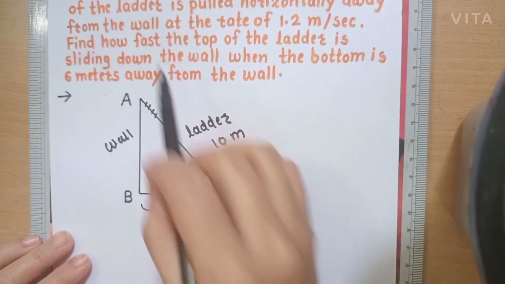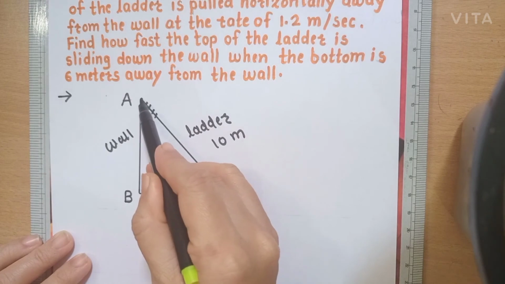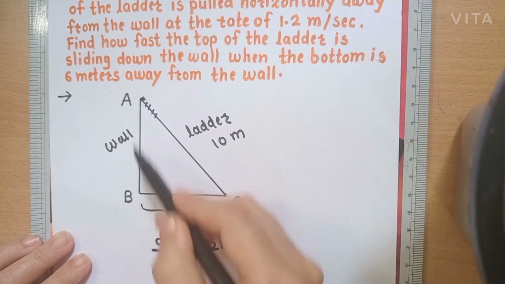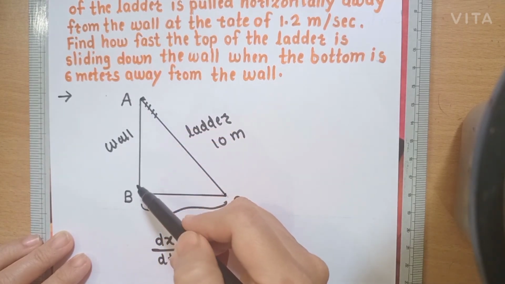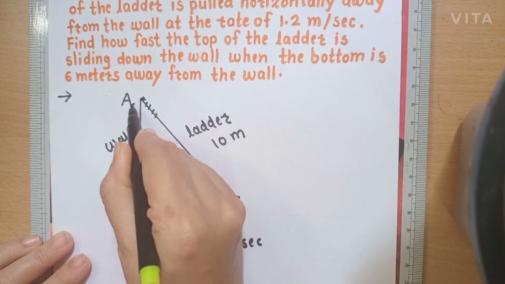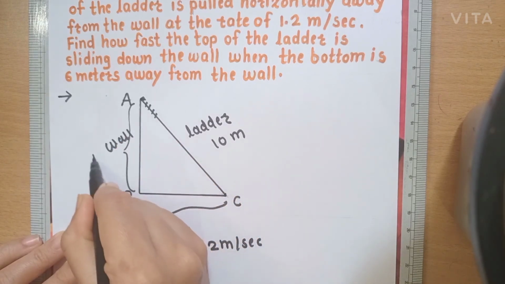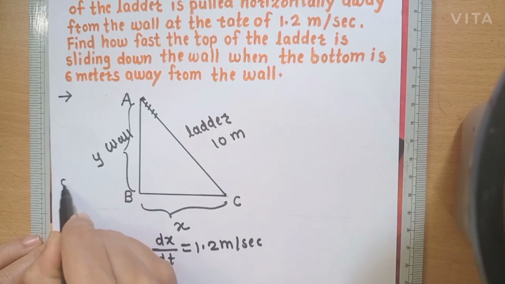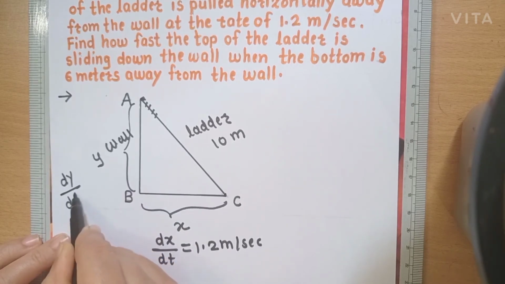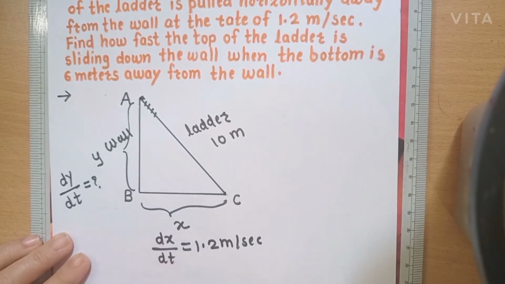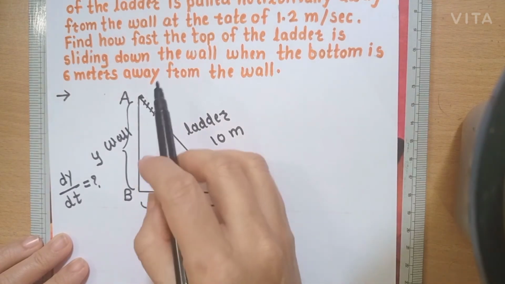Now again find how fast the top of the ladder, this is top of ladder, is sliding down, that means moving down. So this much distance we will assume as y, and we have to find out dy by dt is equal to how much.